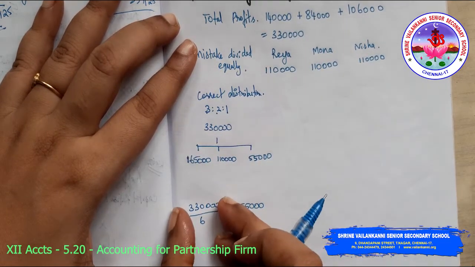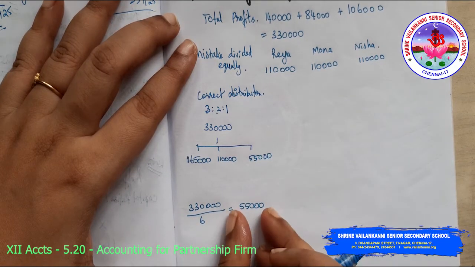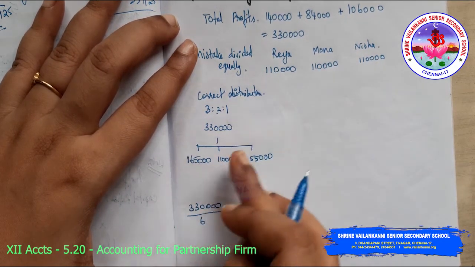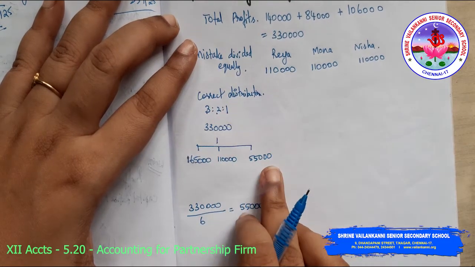I will just do it together, not for each. 3,30,000 divided by 6, I am getting 55,000. Into 3 I will get 1,65,000, into 2 I will get 1,10,000 and into 1 I will get 55,000.